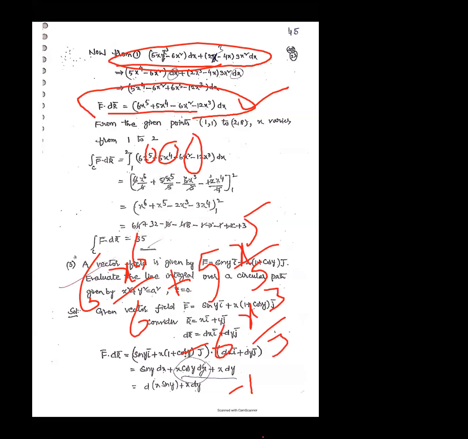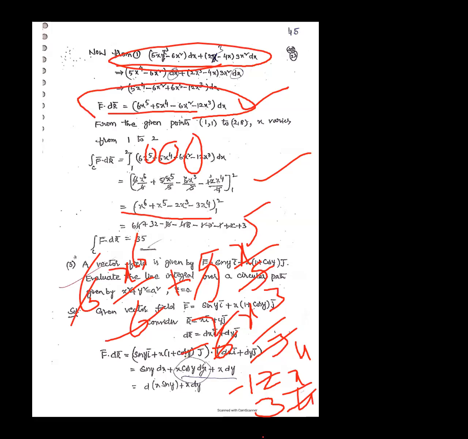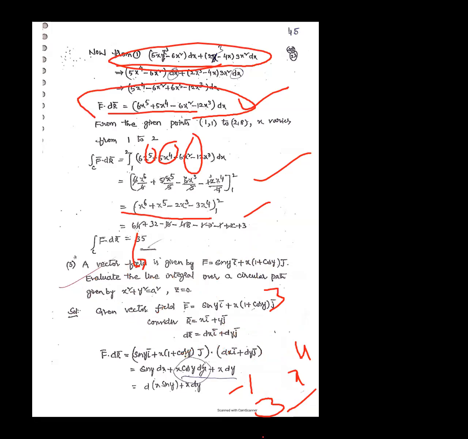Minus 12 constant; the integral of x cube is x power 4 by 4. So the 6 cancels, the 5 cancels, 3 in 6 goes 2 times, 4 in 12 goes 3 times. The resulting value is x power 6 plus x power 5 minus 2x cube minus 3x power 4, in the limits 1 to 2.